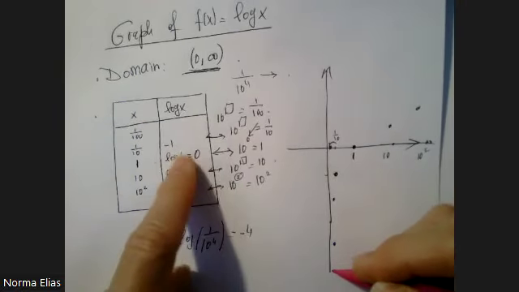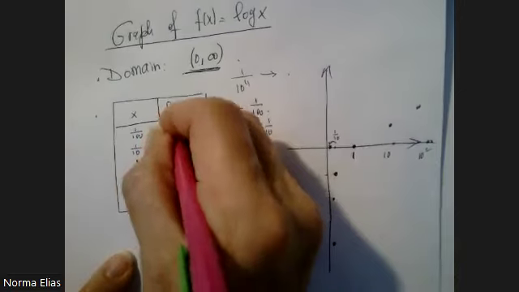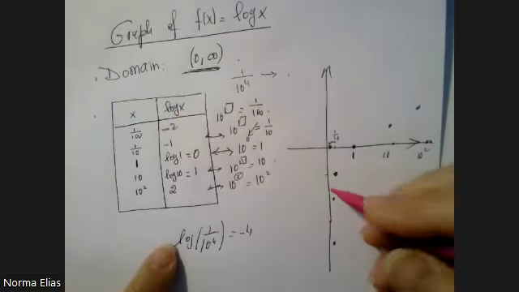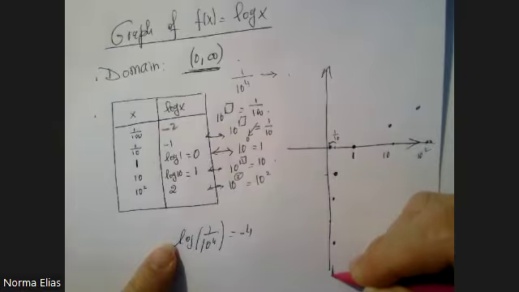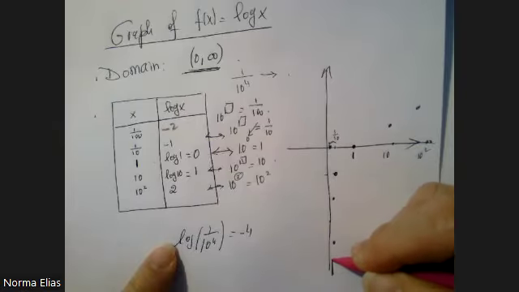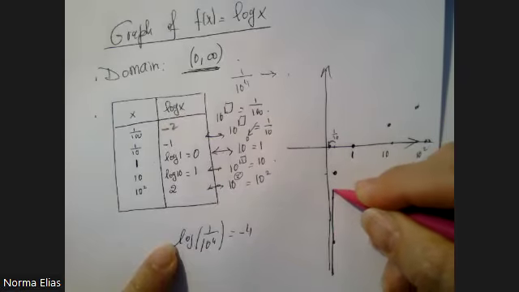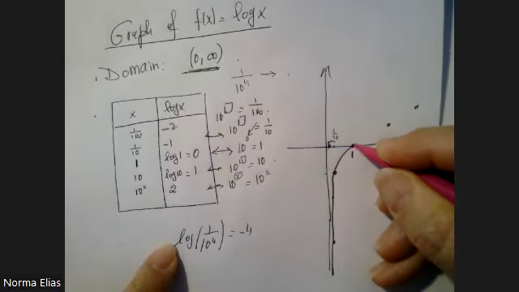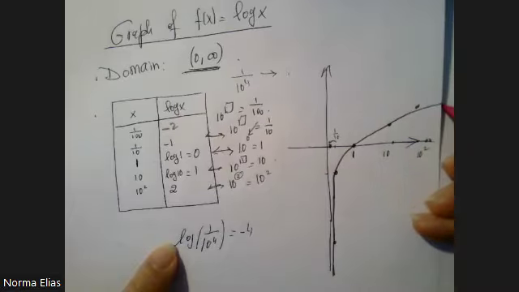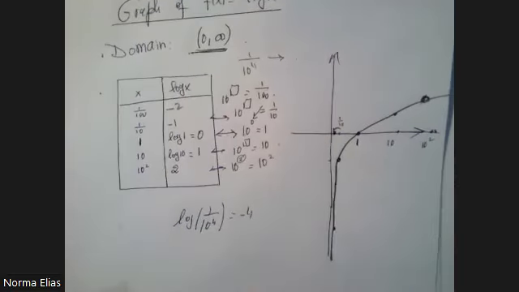So minus 1, minus 2, minus 4. So the graph is going to come from the bottom here, never touch the axis, and keep increasing, increasing, and move very, very slowly.